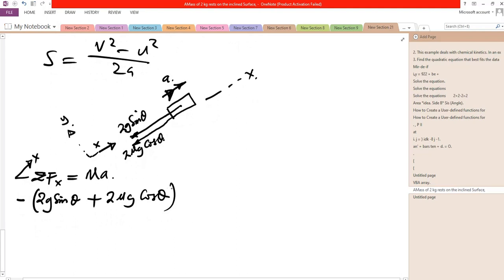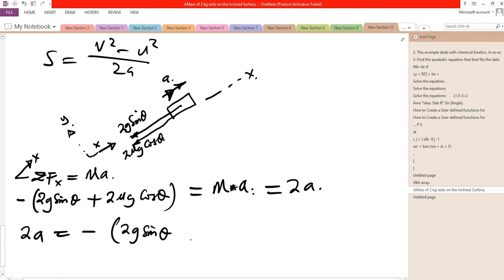Now the whole of this will be negative, because it's moving down, equal to the mass times the acceleration, which is deceleration. Because if acceleration has a negative value, it's deceleration. The mass is 2 kg times a. Now that means we have 2a equal to minus, in bracket, 2g sine theta plus 2 mu g cos theta.